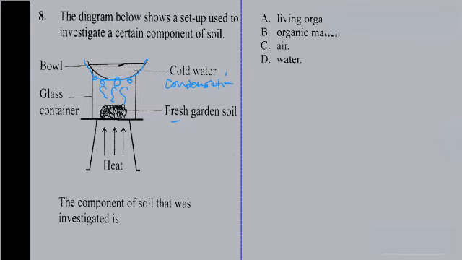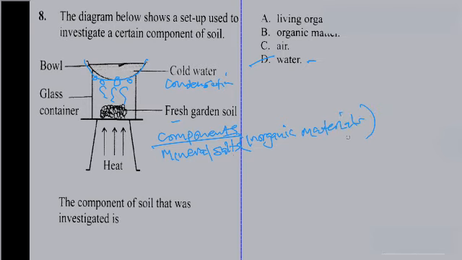That is the experiment. So when soil is heated, we are trying to test the presence of water in the soil. But we have various components of the soil that we can test. So let me bring you to the components of the soil that can be tested. The first one is the mineral salts, also called inorganic materials in the soil.